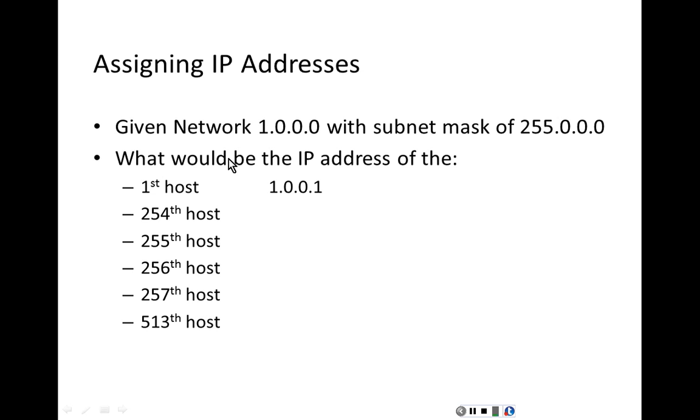If it's network 1 and it's the first host, it would be 1.0.0.1. And of course, the next one would be .2. And the 254th host would be 1.0.0.254. And the 255th host would be 1.0.0.255. I thought this octet couldn't be 255. No, it's the entire host ID that can't be 255, and this is 3 octets for host ID, so this is okay.